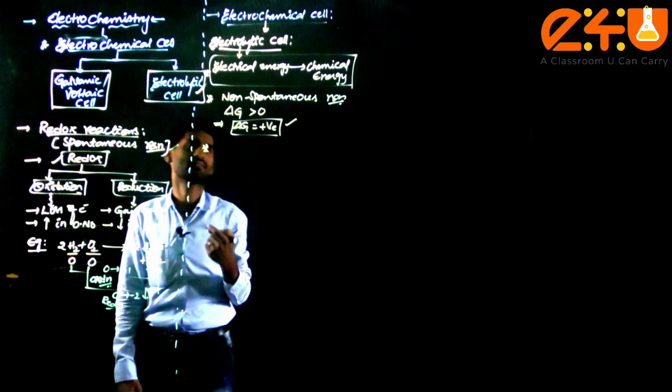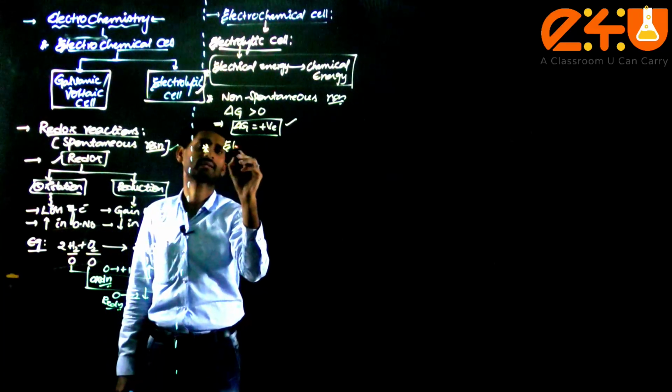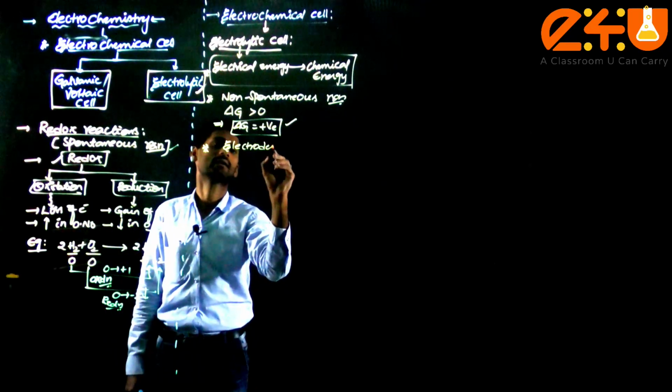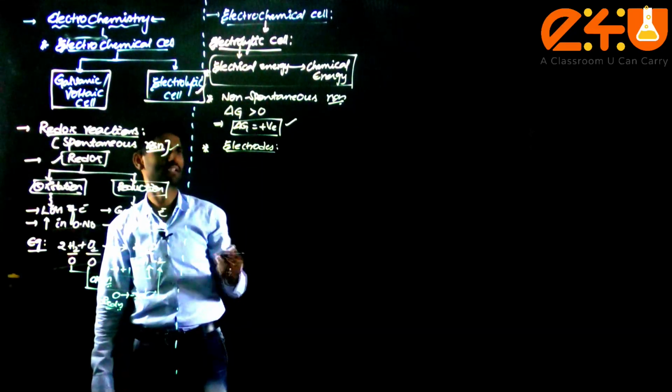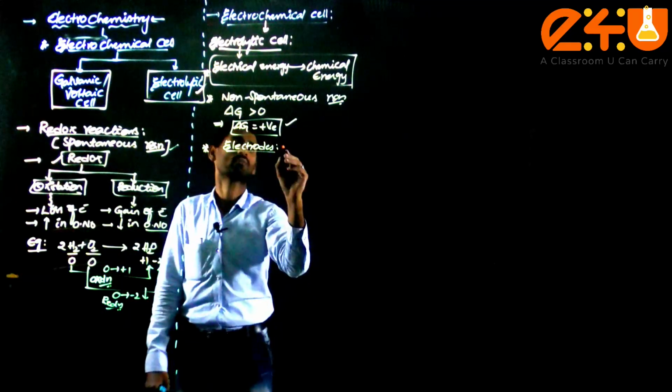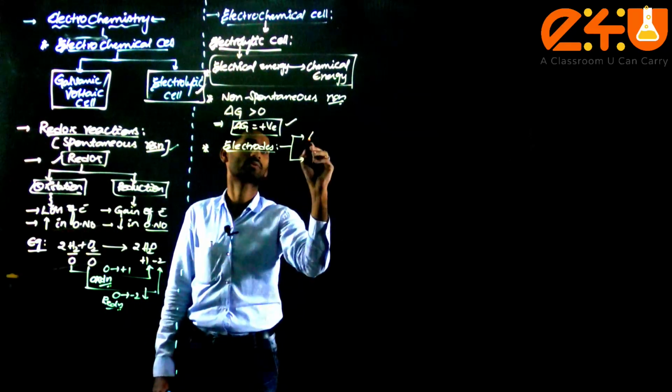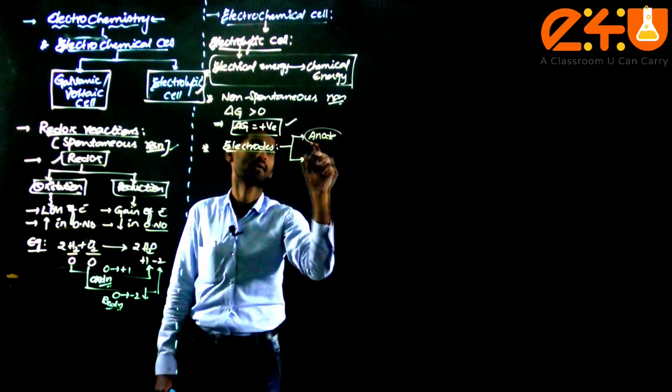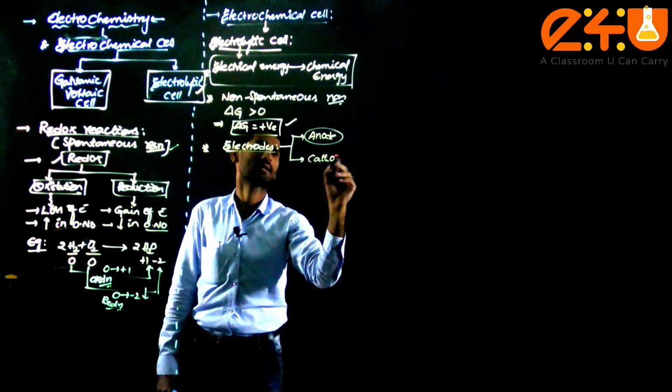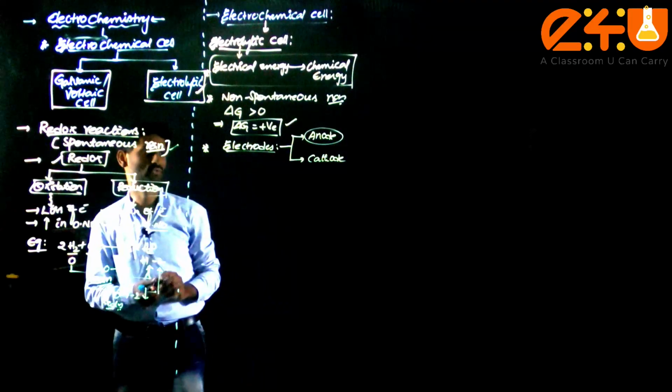Now, we already know the electrodes. What type of electrodes? If you take any cell, either galvanic cell or electrolytic cell, we have two types of electrodes: one is the anode and the second is the cathode. This is very important, dear students.